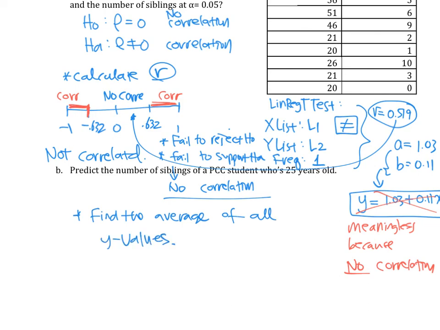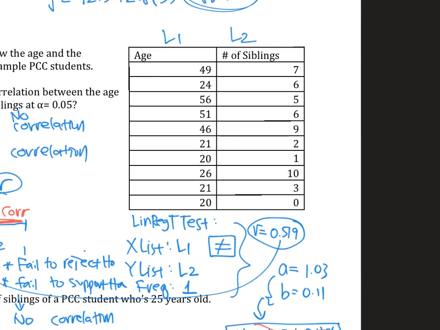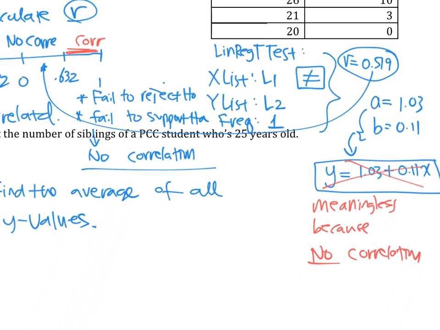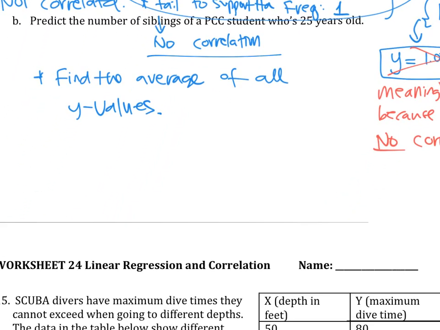So here, let's look at the data again. I have the number of siblings here, right? I'm going to average these. Fortunately, we already input this into L2. So I can go to Calculate, 1-Var Stats, and L2. That'll get you the average.